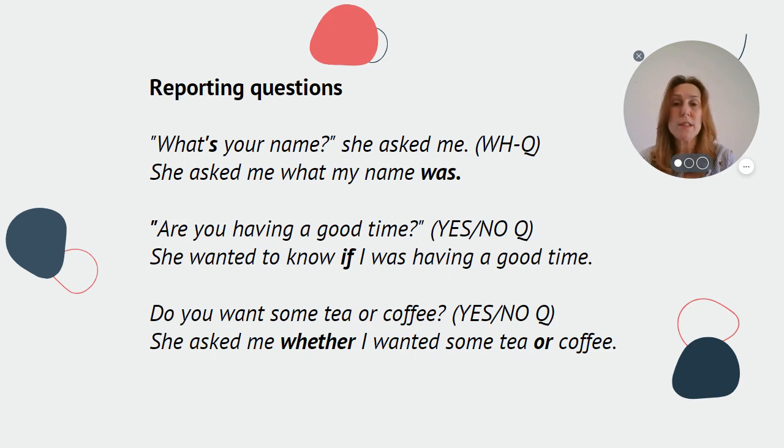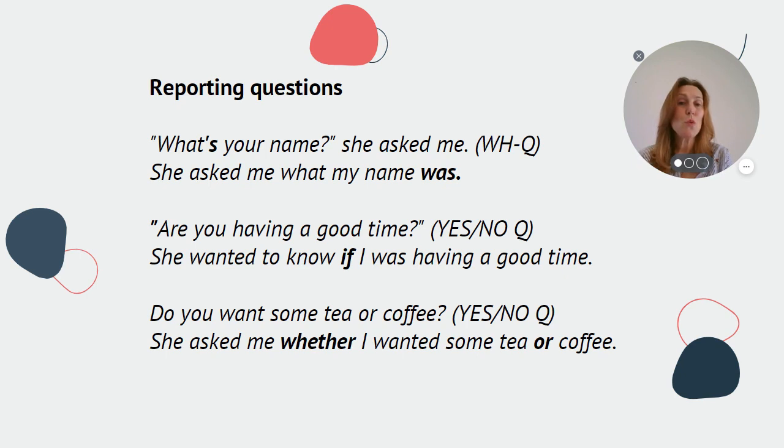"What's your name?" She asked me. She asked me what my name was. Notice the word order changes. It becomes an affirmative sentence, not a question anymore, and we remove the question mark.